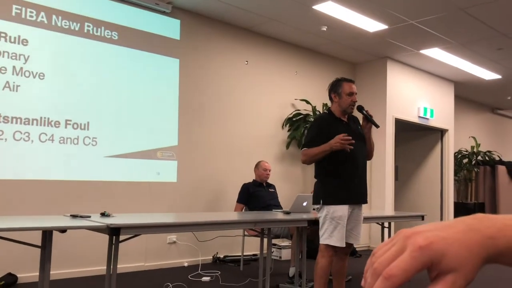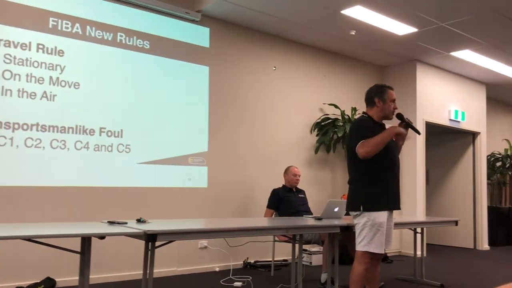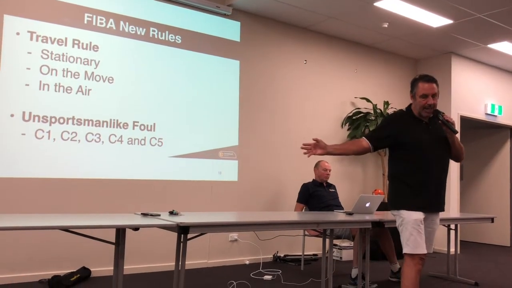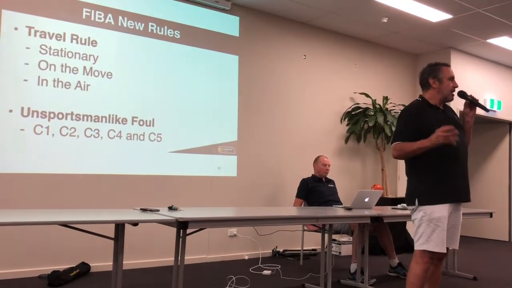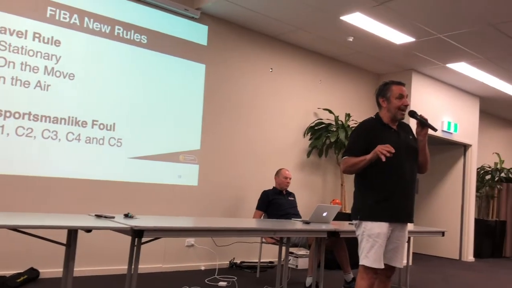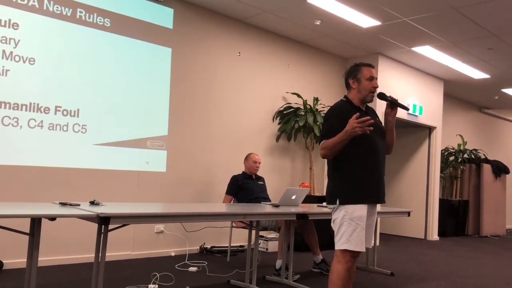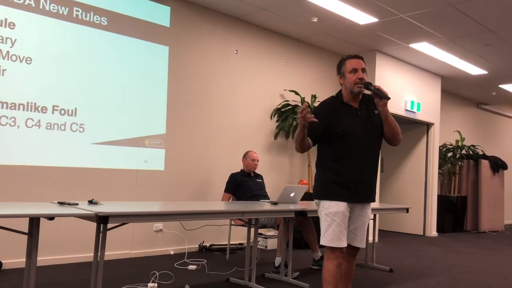They felt that was an ugly part of the game, and as a consequence, they now want to stop that. So in transition, as soon as the ball is being turned over, if I lunge, irrespective of whether it's a favourable or an unfavourable position, and I haven't made a legitimate attempt to play the ball, that is an unsportsmanlike foul.